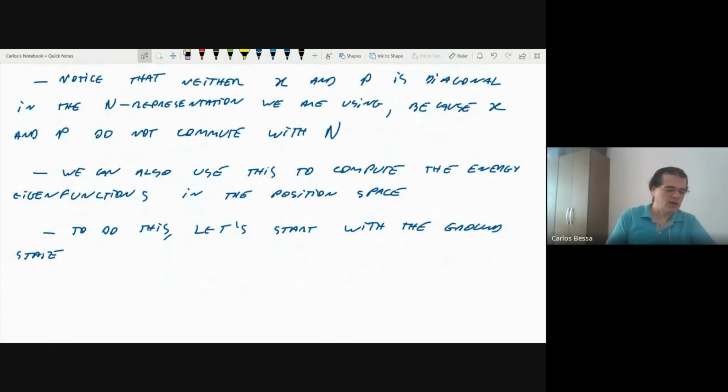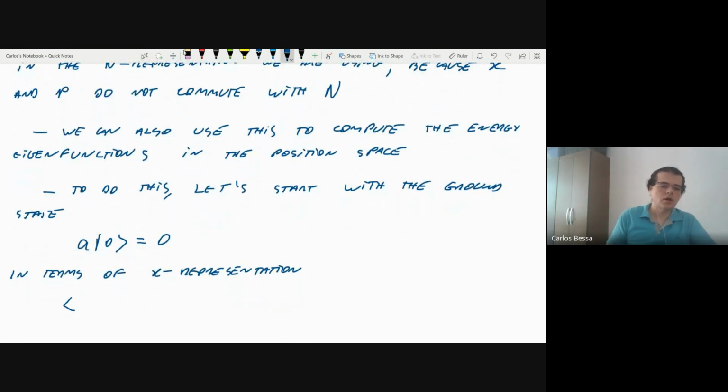So we know that A applied to 0, the ground state, is 0. So in terms of X representation, x prime A 0. So I'll use the definition of A that I put in the beginning.